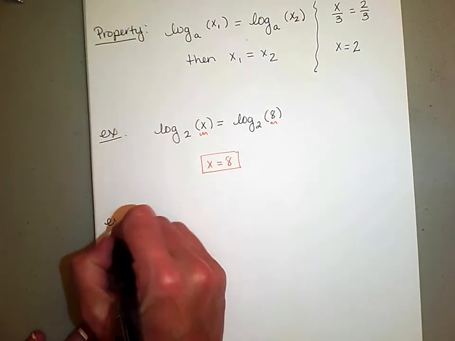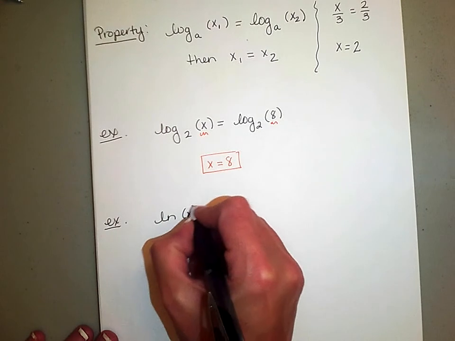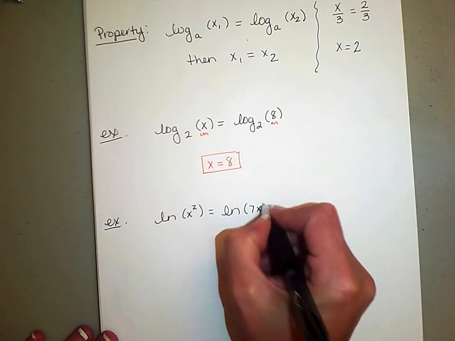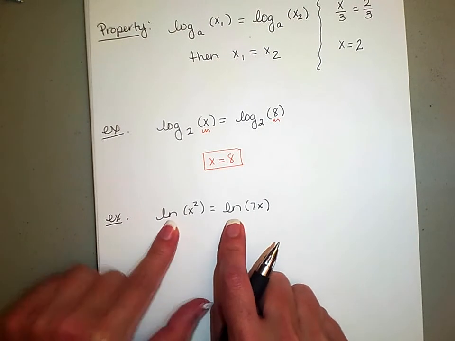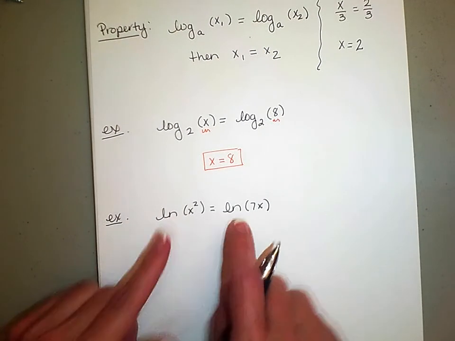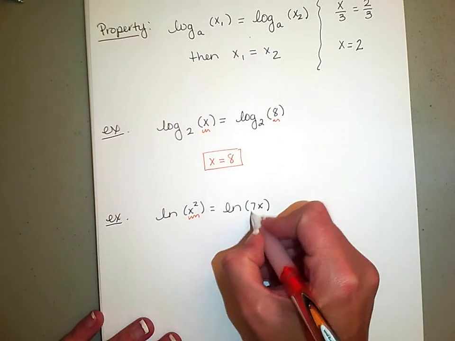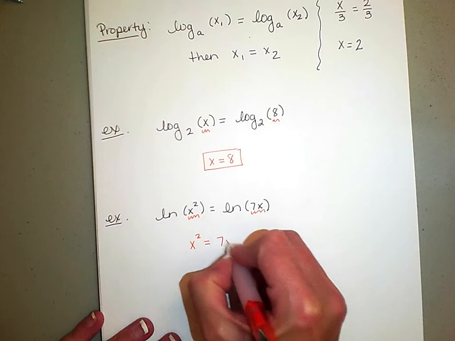Here's another example like that. Say, for example, we had the natural log of x squared is equal to the natural log of 7x. Now, these are the logarithm of the same base, so since these two are equal, x squared must equal 7x.